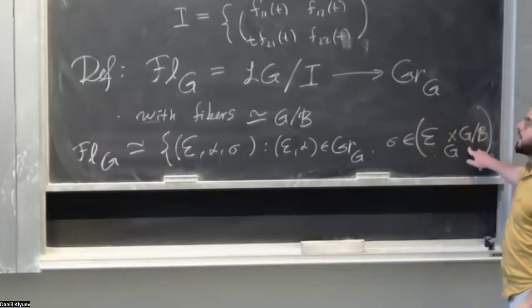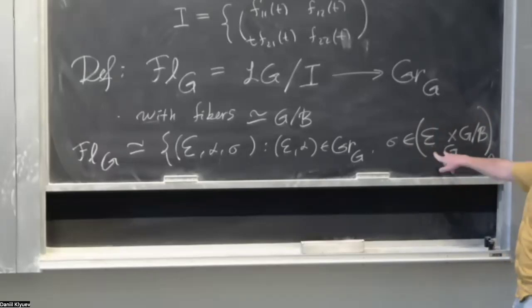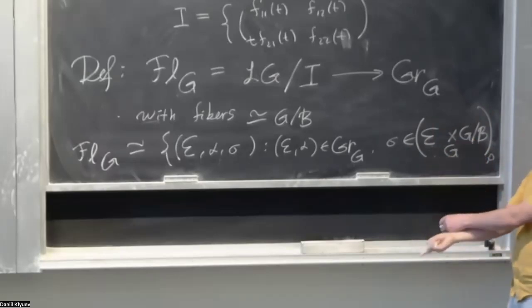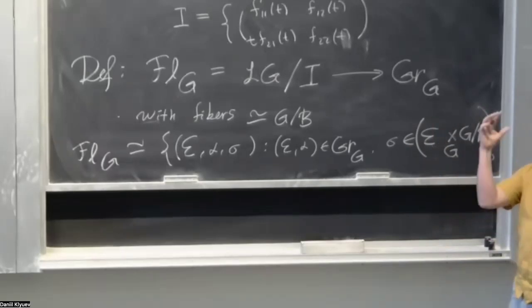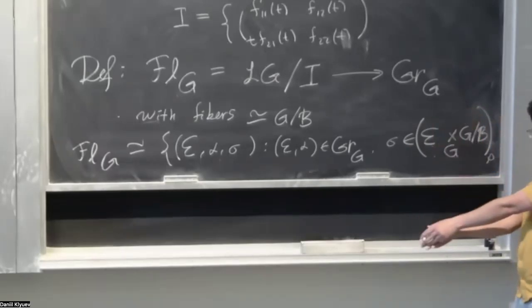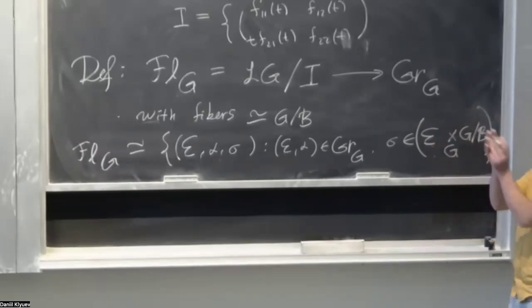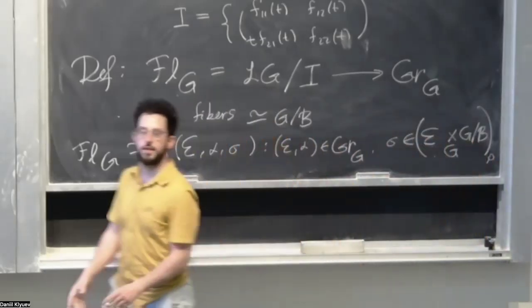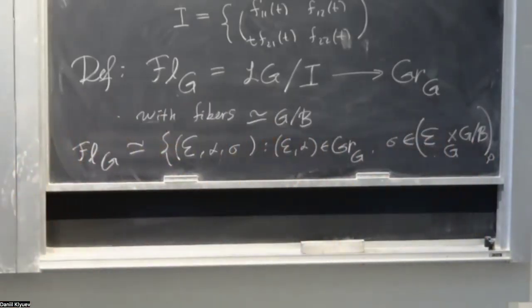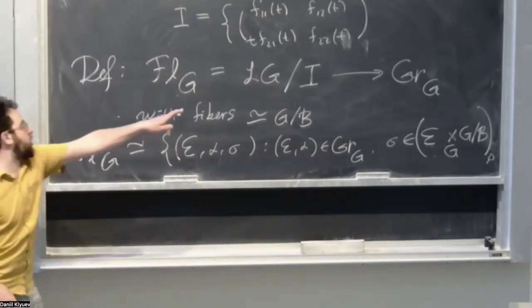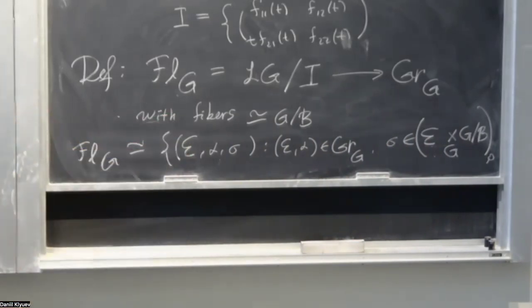If I have a G bundle, I can always take a quotient by B and get a G mod B bundle, take the fiber at 0, and you choose an object there. Choosing an object in the quotient bundle is the same as taking a reduction. This is just kind of a definition. So this is the flag variety, and the projection is the obvious projection where we forget the B reduction.